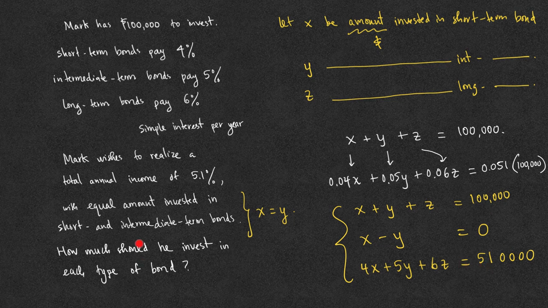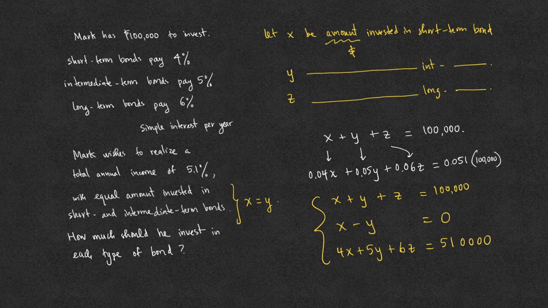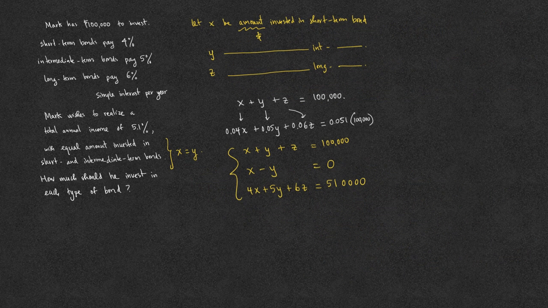We can just simply forget about the word problem and focus on solving this system of equations. But in this particular case, observe that since x equals y, we can rewrite the first equation as x plus z equals 100,000.